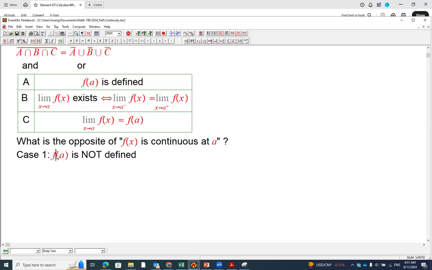We also say f is not defined at A. So that's the opposite for not A.